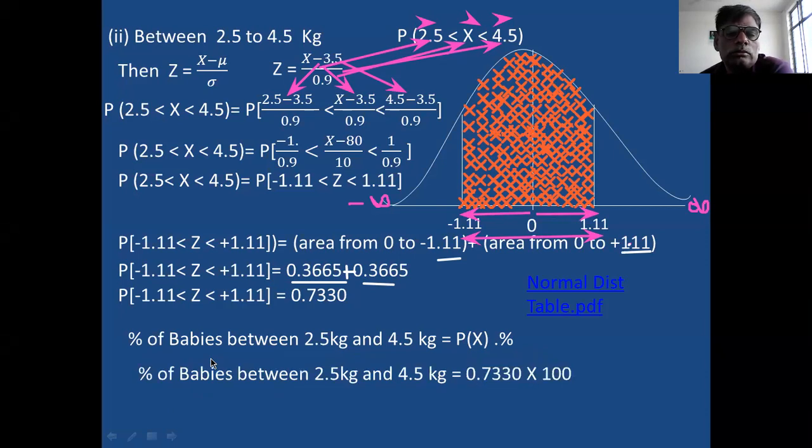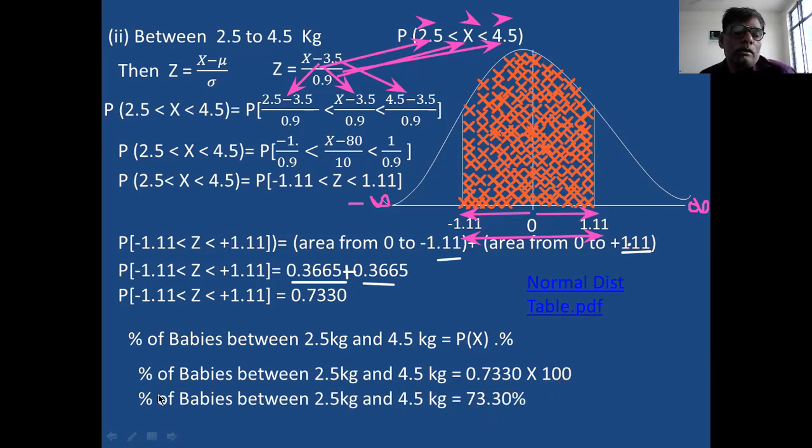So the percentage of babies between 2.5 kg to 4.5 kg is equal to the probability 0.7330, and percentage means 100, you multiply by 100, is equal to 73.30. So 73.30% of babies' weight is in between 2.5 kg to 4.5 kg. Okay, this is the answer for the second question.